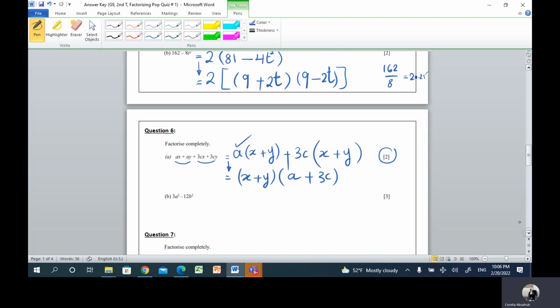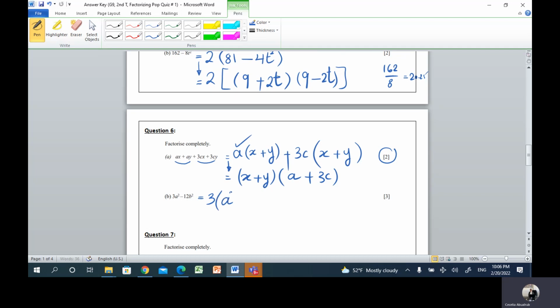As you can see here, you might get confused. 3a squared is not a squared expression because 3 is not a squared number. Minus 12b squared, 12b squared is not a squared term because 12 is not a squared number. So in this case, we need to get out the highest common factor, which is 3. Open a bracket.